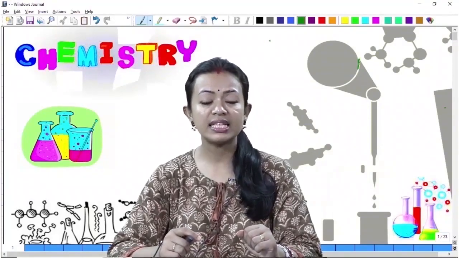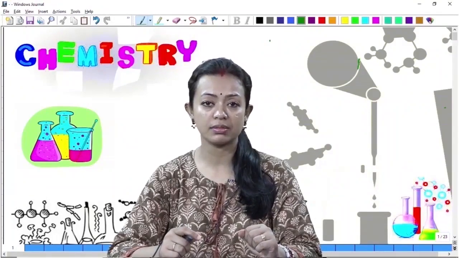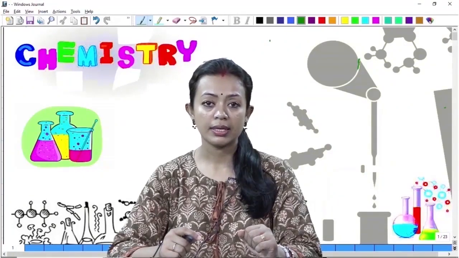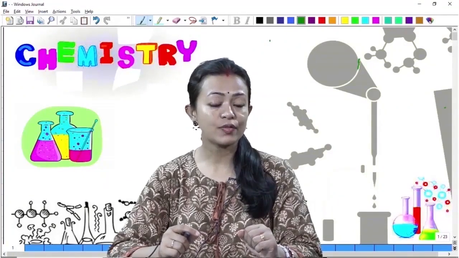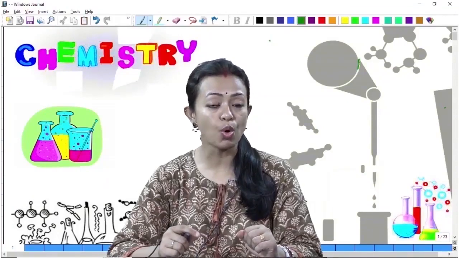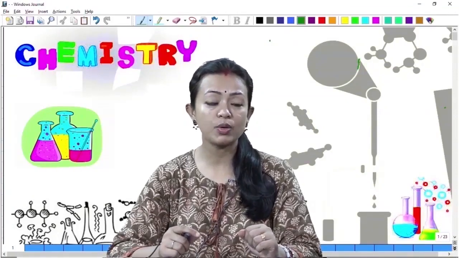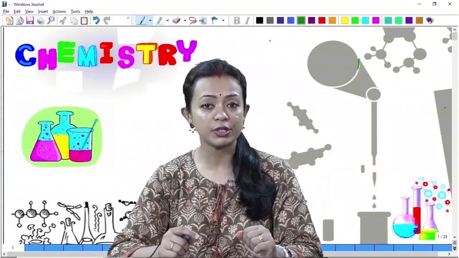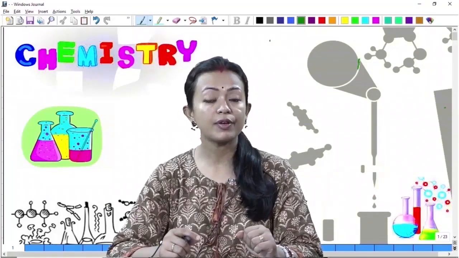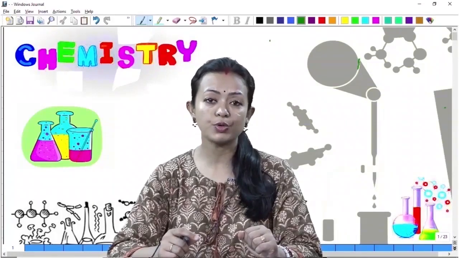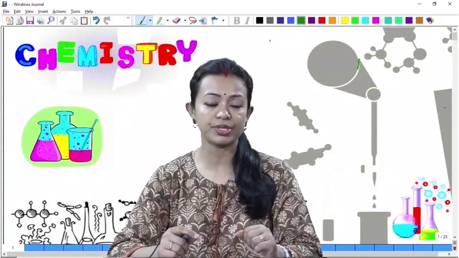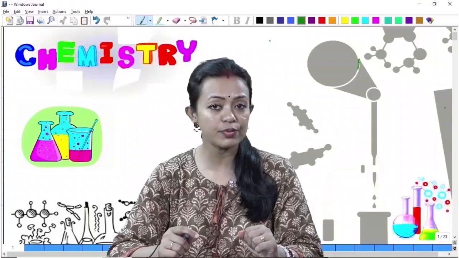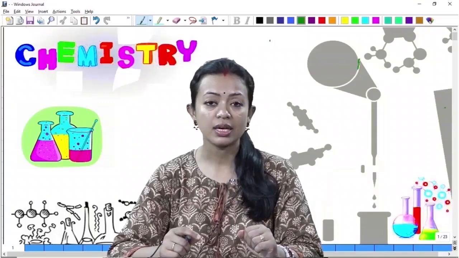Milk and blood are some examples of colloids. Because the size of the particles of colloids is also small, in the range between 1 nanometer and 100 nanometers, they also cannot be filtered through filter paper. However, if you want to separate them, you can do so through the centrifugation process. You remember what the centrifugation process is?